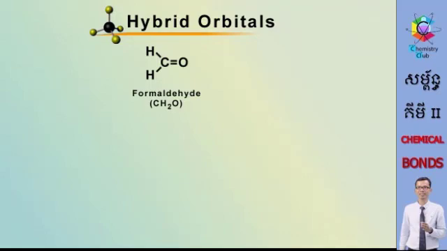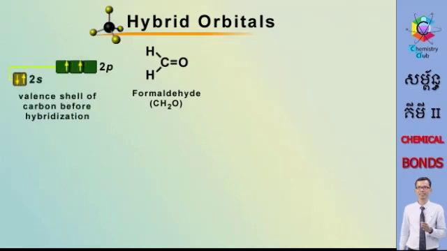Not all p orbitals in an atom have to hybridize. For example, look at the formaldehyde molecule. Formaldehyde consists of a central carbon atom bonded to 2 hydrogen atoms and double bonded to an oxygen atom. In the ground state, carbon has 1 pair of valence electrons in the 2s orbital and 1 unpaired electron in 2 of the 3 2p orbitals.